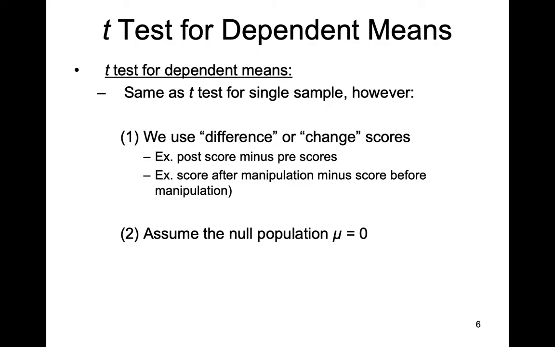With a t-test for dependent means, we're always going to assume that the null population, or comparison population, has a mean of 0. Okay? So really this null hypothesis would be whatever treatment we're giving to participants, whatever intervention, or perhaps we're giving them some sort of a drug or a substance.